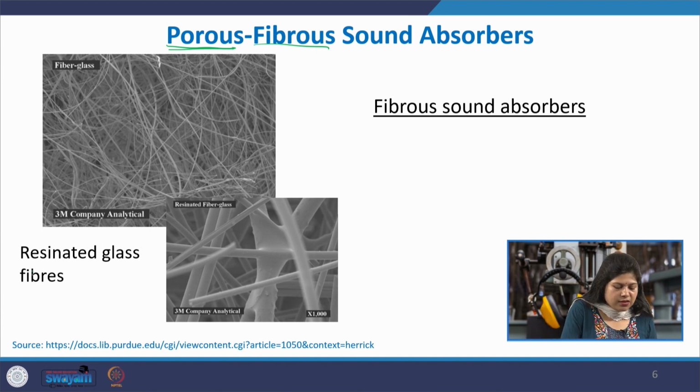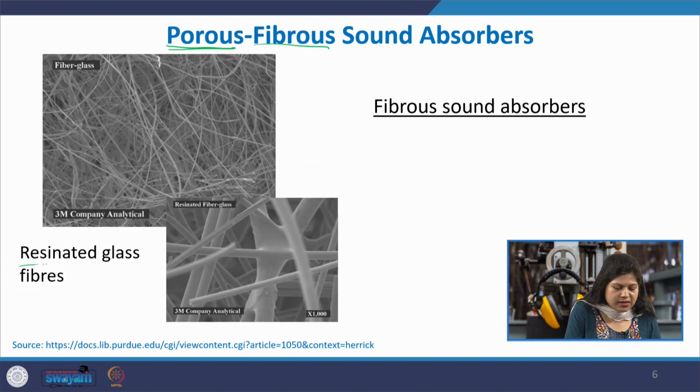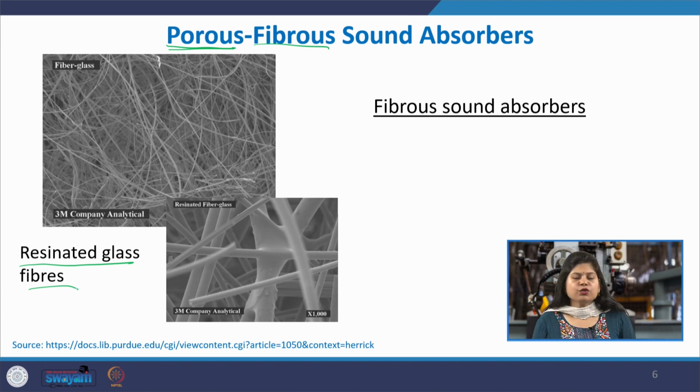Again, the previous one was an untreated glass fiber. This is a resinated glass fiber, which means that to give more sturdiness to the structure, because otherwise loosely bonded material or loose fibers cannot be used as a proper structure, wall or lining.